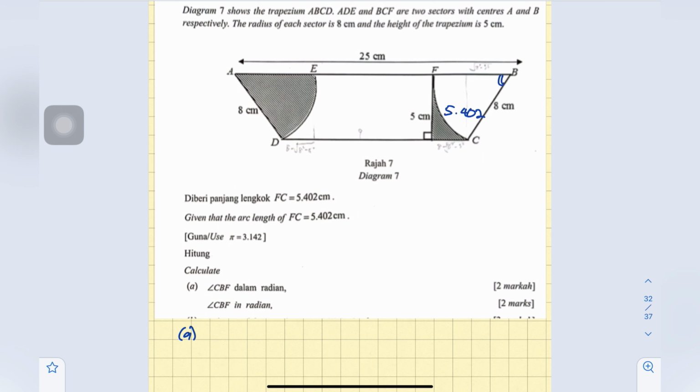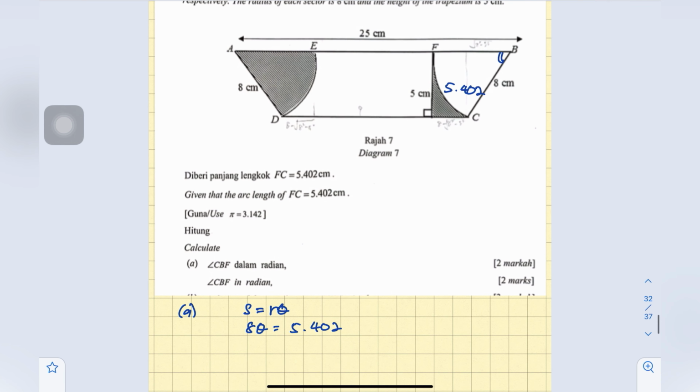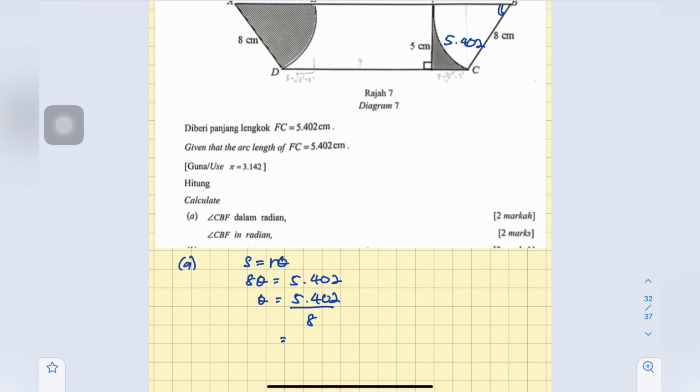By using the formula s equals r theta, the radius is 8. Theta we do not know, and the arc is 5.402, so you can find the angle: 5.402 divided by 8, which equals 0.6753 radian.